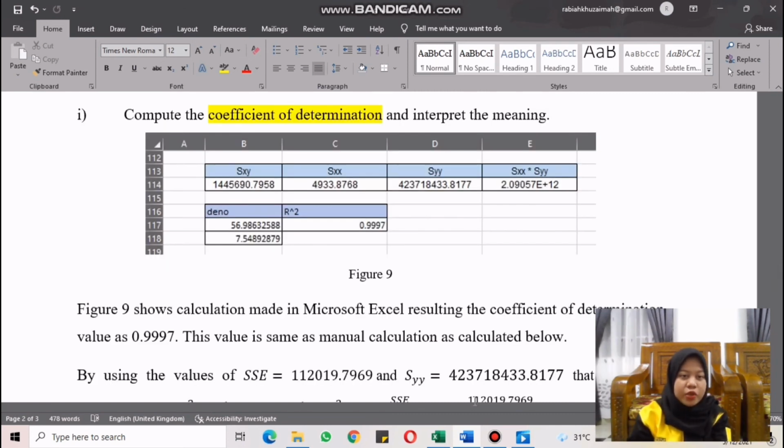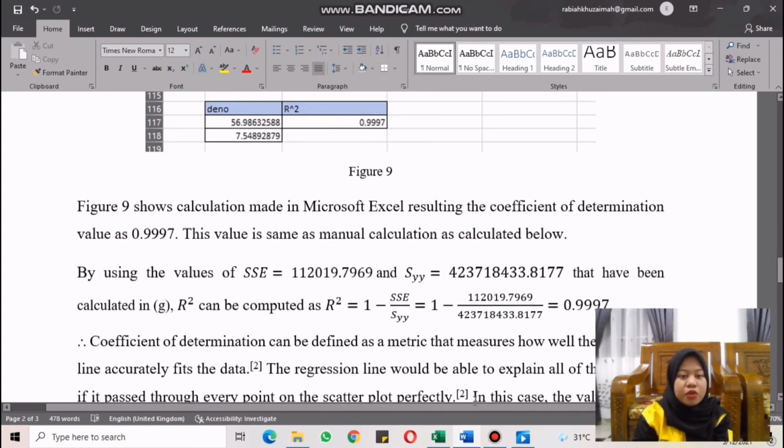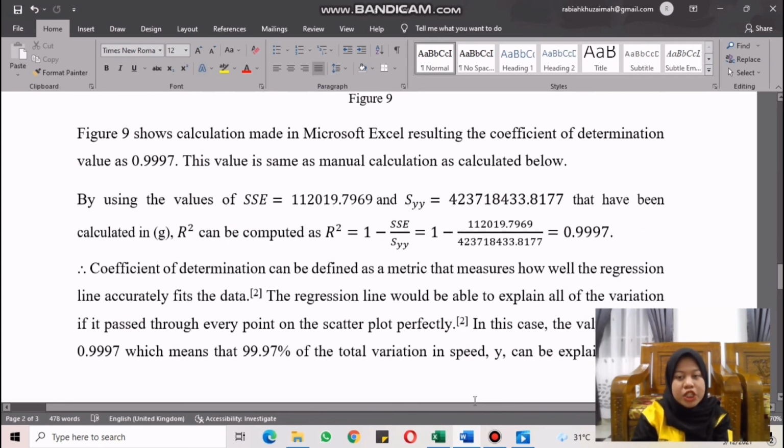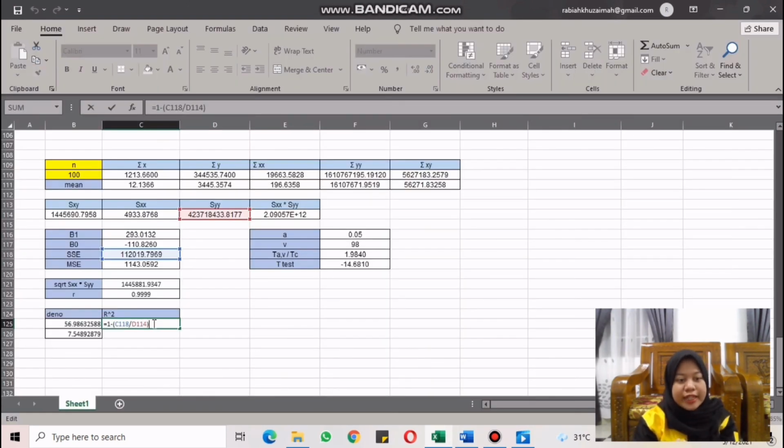The last one, for question I, asks us to compute the coefficient of determination and interpret the meaning. Then by taking the value of SSE and SYY that we have calculated, we got R squared is 0.9997. The value 0.9997 in manual calculation is equal to the software calculation.